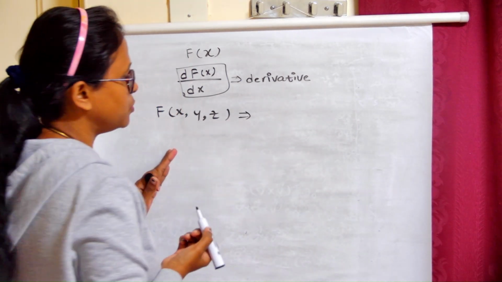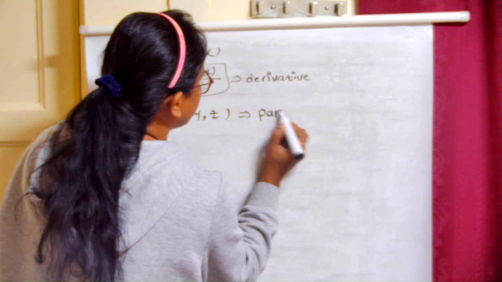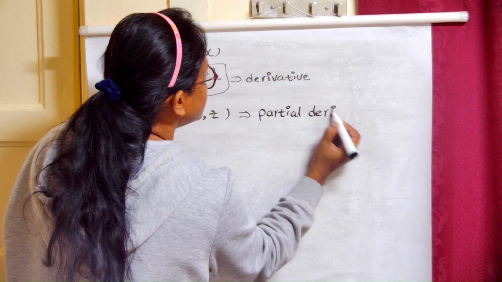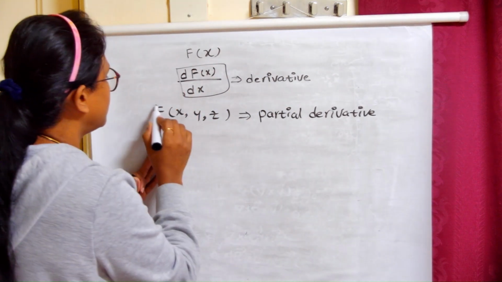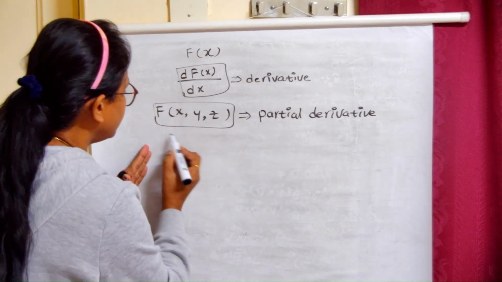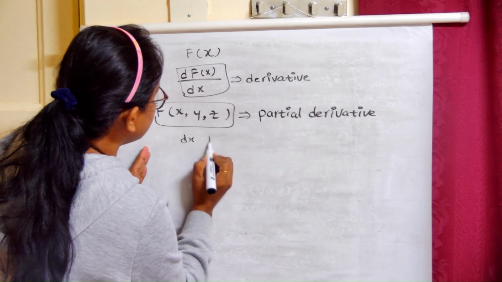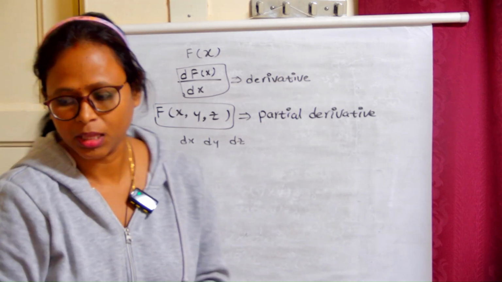Here we have to invoke the concept of partial derivatives. These partial derivatives tell us how rapidly this function f is varying when they are varied through an infinitesimal distance dx, dy, and dz along three coordinate axes.